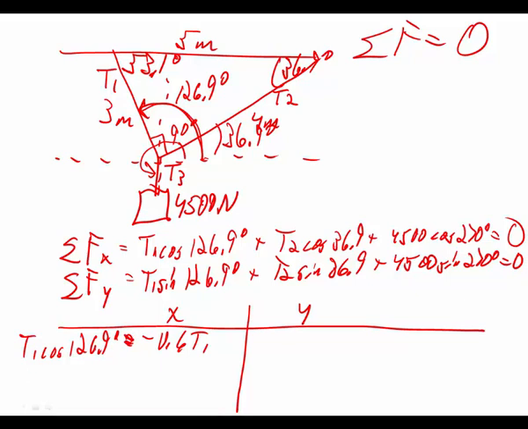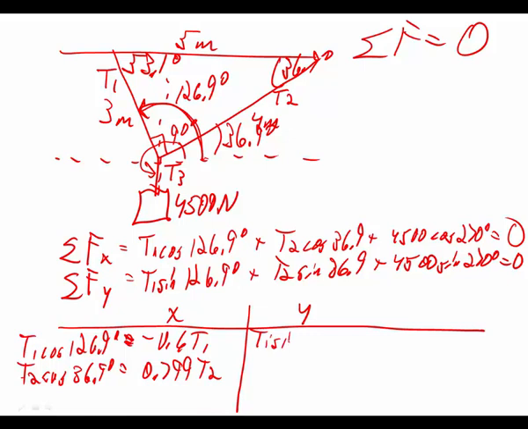All right, and now let's do, for cosine, what's T2 going to be? Well, T2 cosine of what? 36.9 degrees is going to be equal to what? 0.799. Now let's do the same thing for the y.